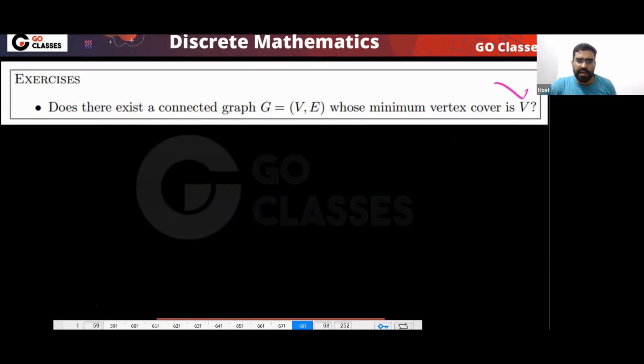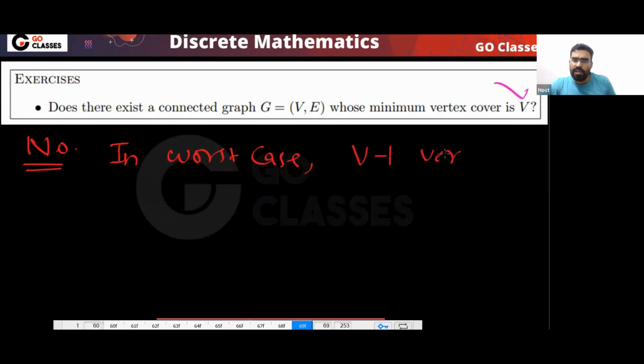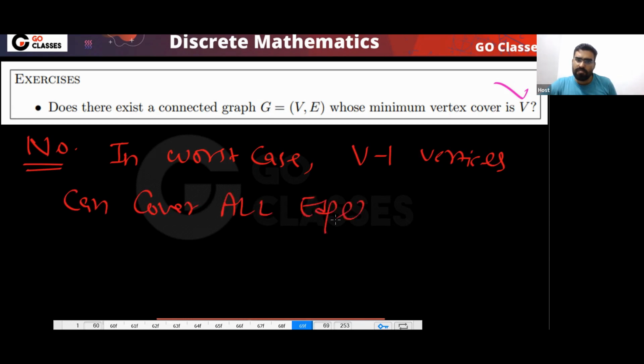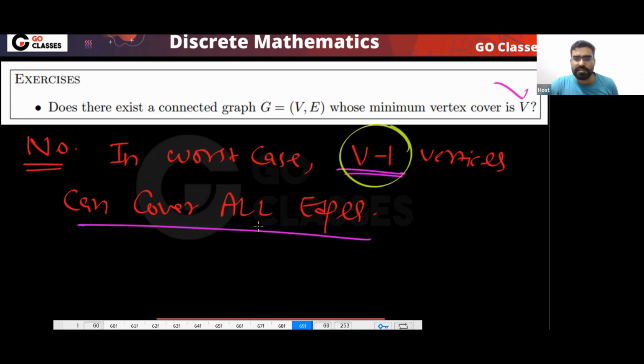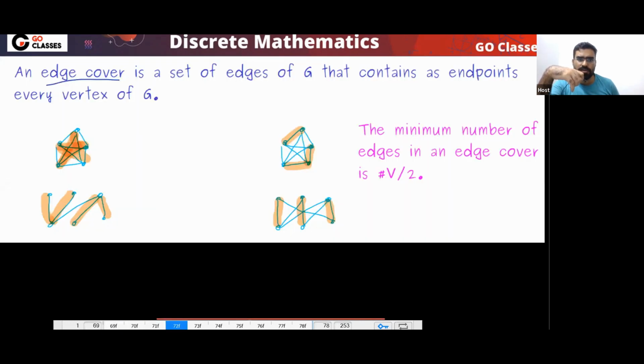In the worst case, V minus 1 vertices can cover all the edges. Every edge will be covered, yes or no? So quite simple.